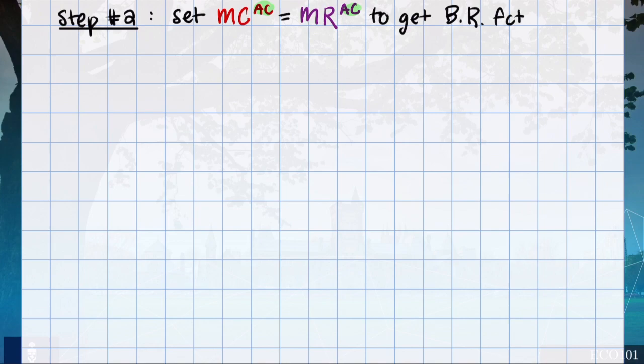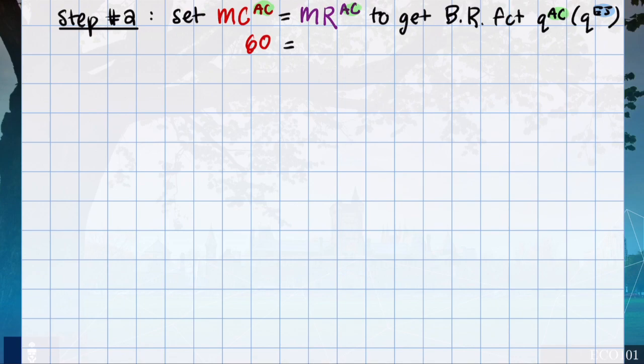So this is going to give us the best reaction possible in terms of quantity produced by Aero Canada, given what the other firm is doing. So given what quantity EasyJet decides to produce. And we're actually able to do this now because we have both marginal cost and marginal revenue. Marginal cost is equal to $60 per unit supplied.